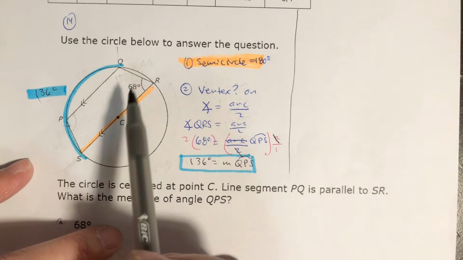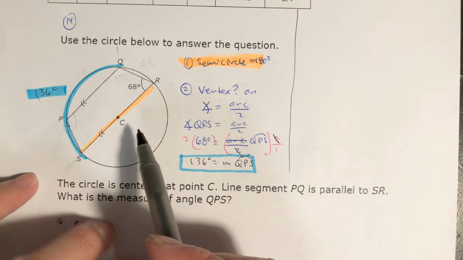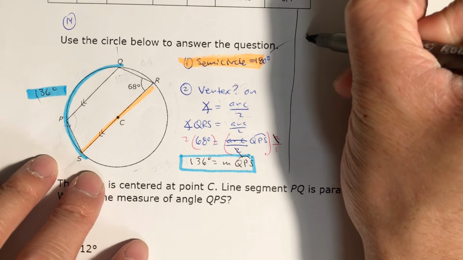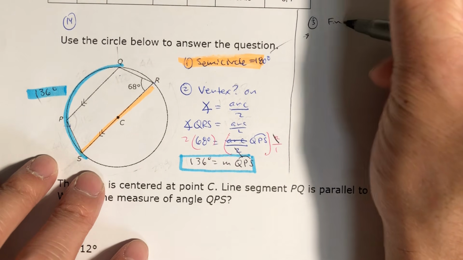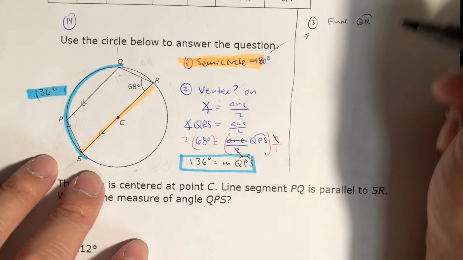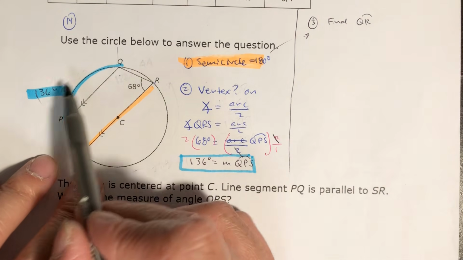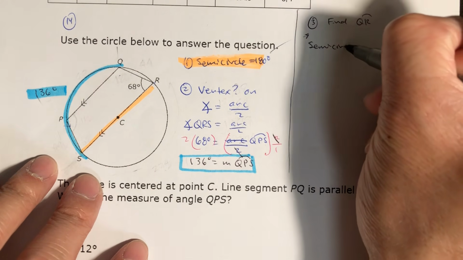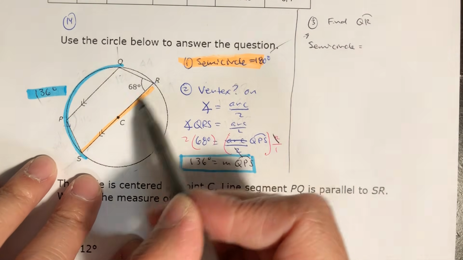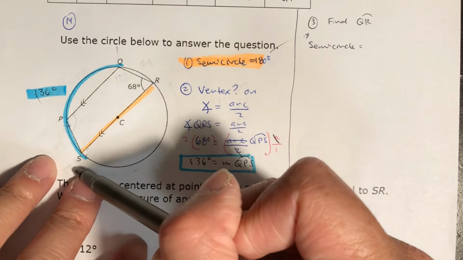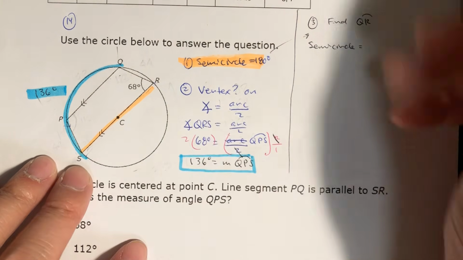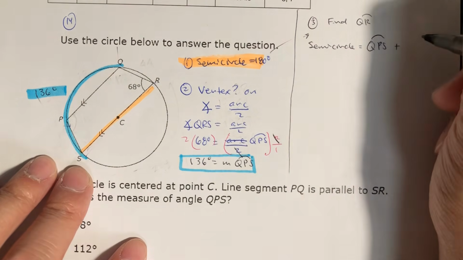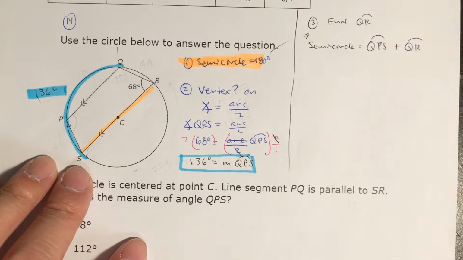Okay, what can we do next? Well, I'm going to use this idea now to find arc QR. So a semicircle is equal to the major arc QPS and QR.